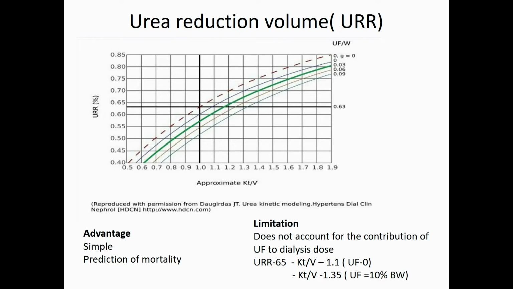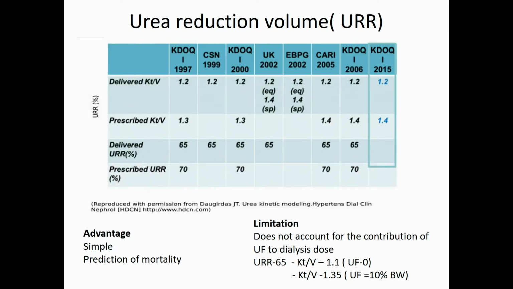And if you do 10% of the body weight reduction, then it will be around 1.3. All the guidelines say it should be more than 1.2, or 1.3 is best. But increasing the Kt/V beyond 1.4 has not been shown to be very beneficial in reducing mortality or any other benefit. So all the guidelines say the delivered Kt/V should be around 1.2.